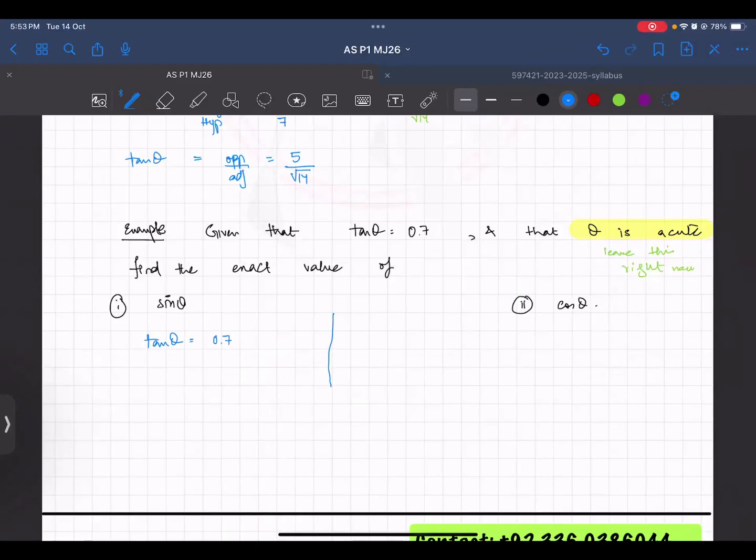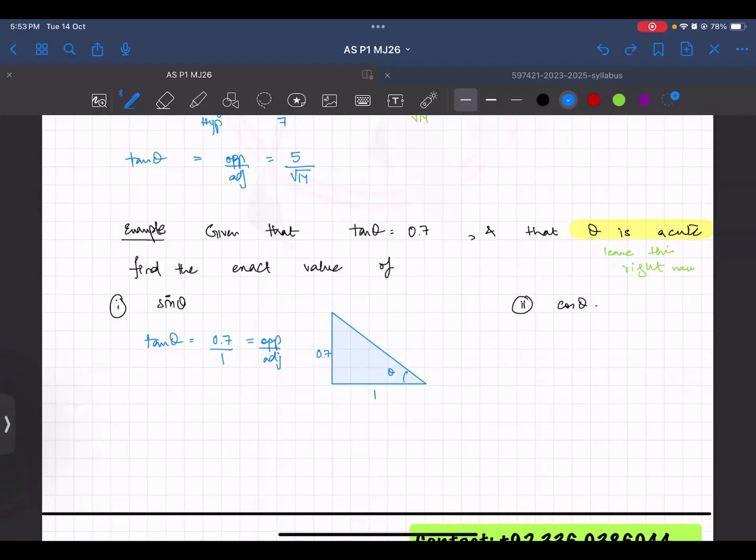So if you label this on a right angle triangle to relate them, this is your theta, and tan is opposite upon adjacent. So you can write 0.7 upon 1. So you can write this opposite is 0.7 and adjacent is 1. This is your opposite and this is your adjacent.